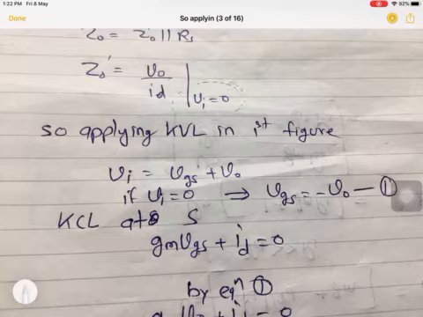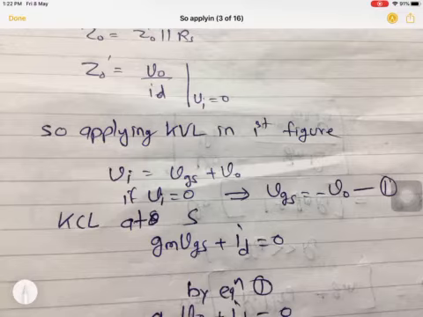Since we have assumed that Vi is equal to 0 for two-port analysis, if we put Vi equal to 0, we get VGS equals minus V0.